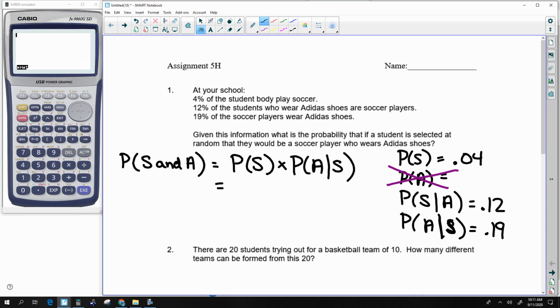So this is what we would have to do to be successful: the probability of S times the probability of A given S. The other 12% was just extra information that we didn't need. It was just there as a distractor.